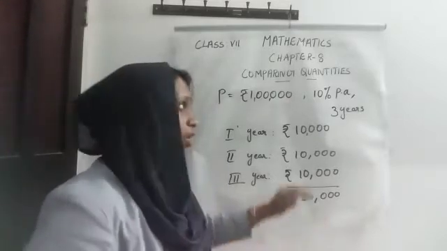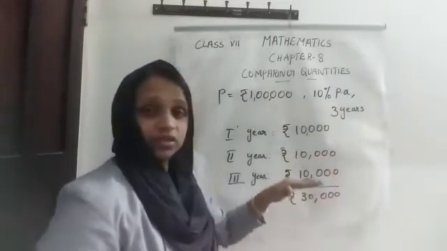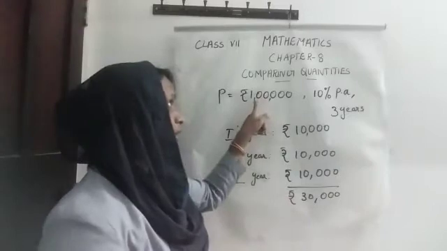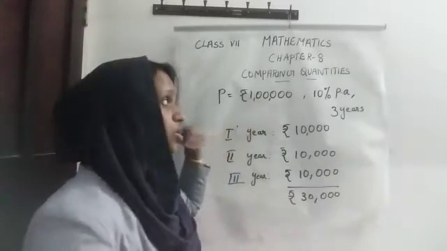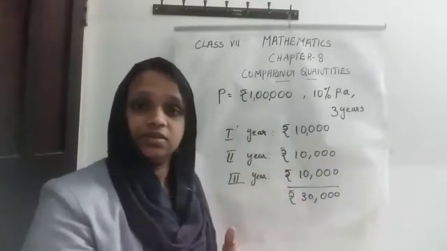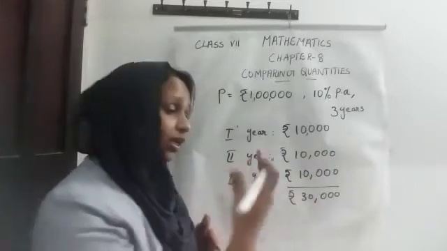So after the 3 years, for the first year, second year and third year, I have to pay a total of 30,000 to the bank. And I also have to return the bank loan of 1 lakh. So at the end of the 3 years, I have to pay the total amount. What is the total amount?